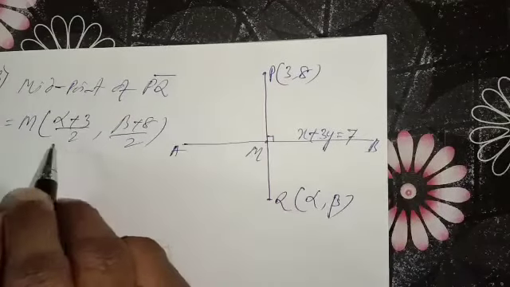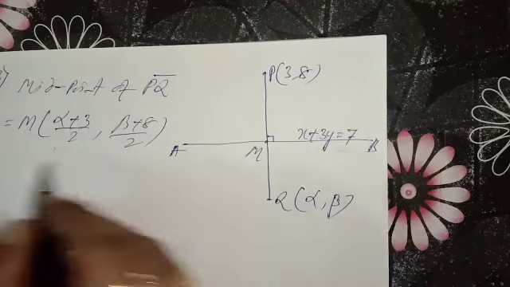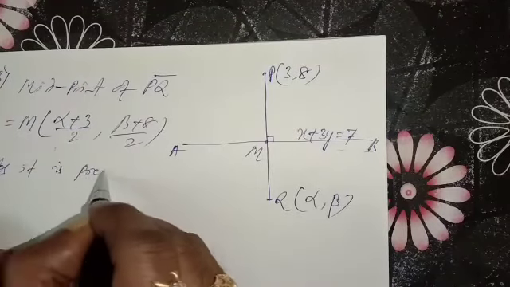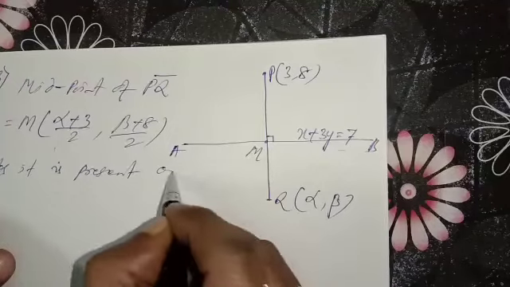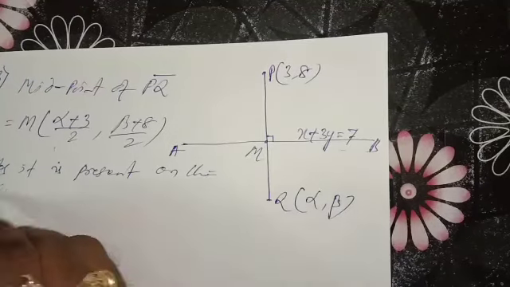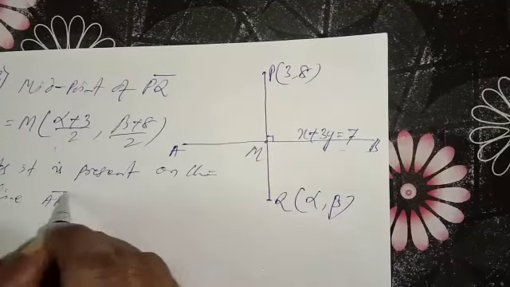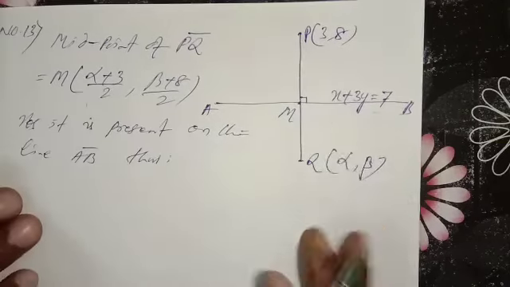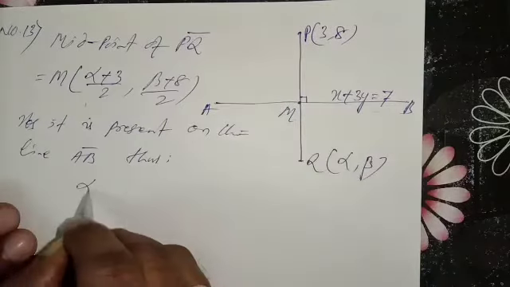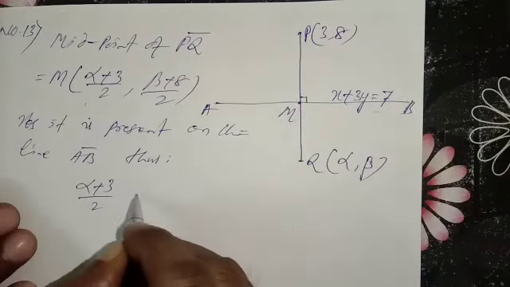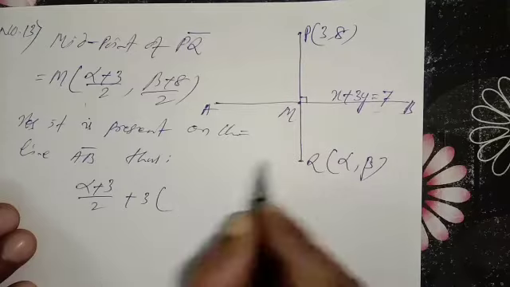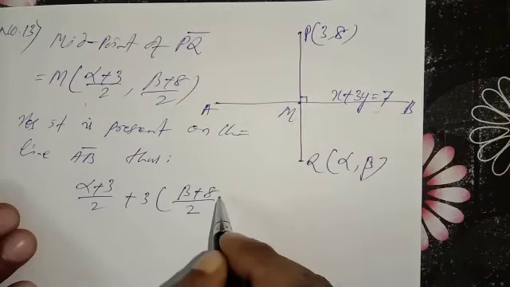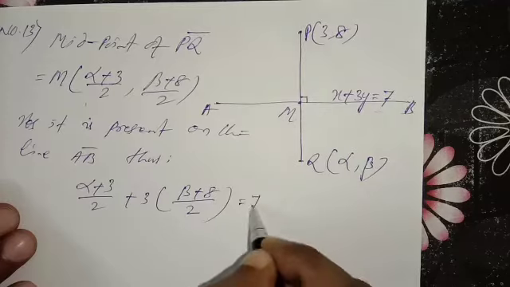Now this midpoint M is present on the line AB, so it will satisfy the equation. x plus 3 whole into y: (alpha + 3)/2 + 3 times (beta + 8)/2 = 7.